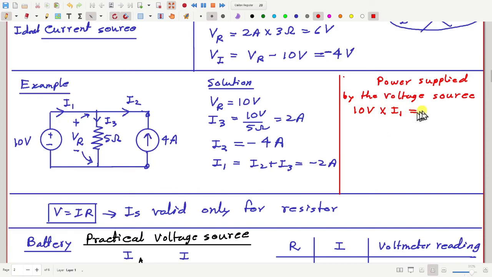So it will be minus 20 watt. Minus 20 watt supplied, that means it is consuming plus 20 watt power.